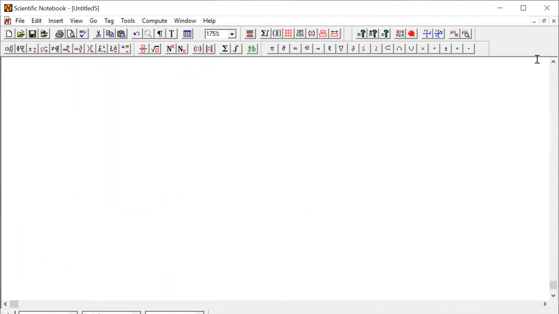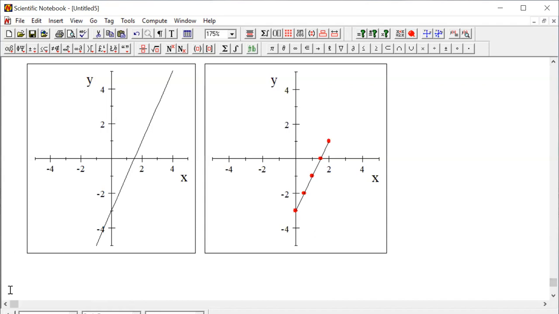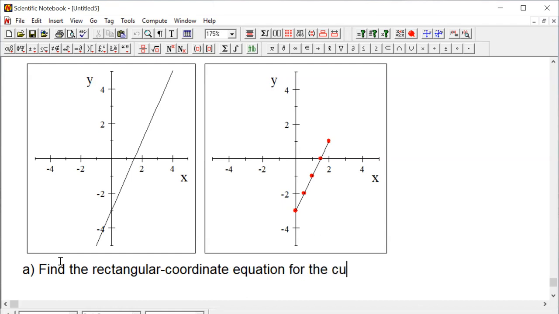For any such kind of questions, we typically have three questions that are related to it. The first question would be A: find the rectangular coordinate equation for the curve by eliminating the parameter.